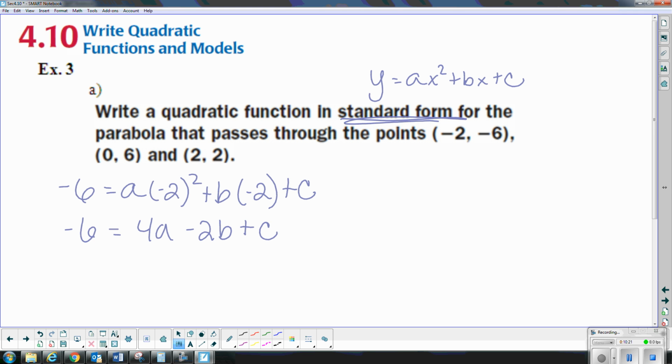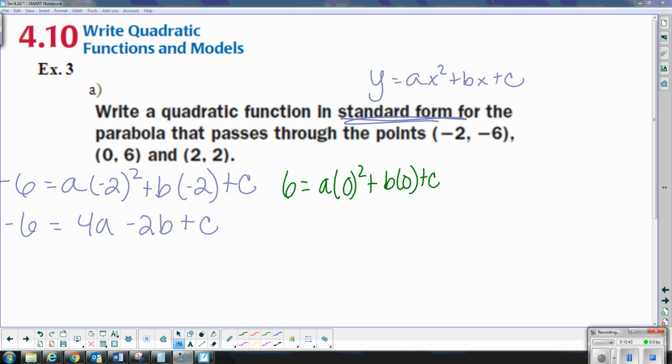And then we're going to do the same thing with the second point. So the second point is 0, 6. So 6 equals a times 0 squared plus b times 0 plus c. And then to simplify that, 6 equals 0 plus 0, 6 equals c.